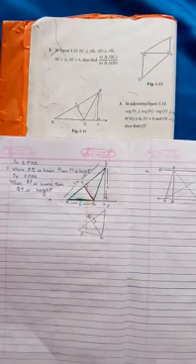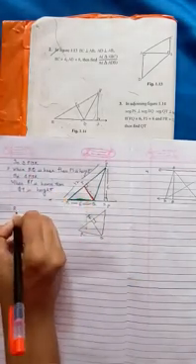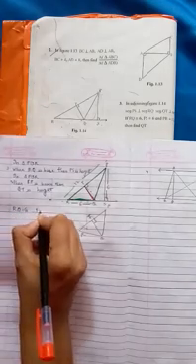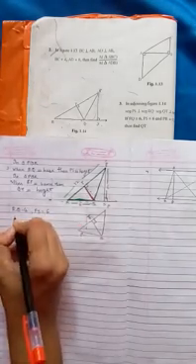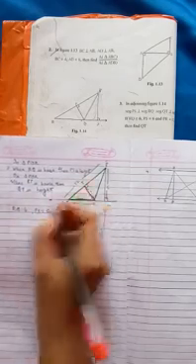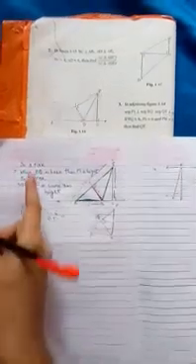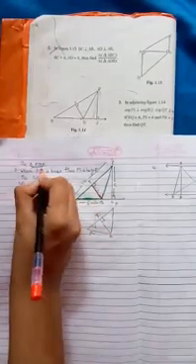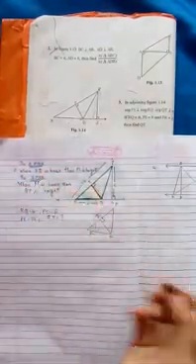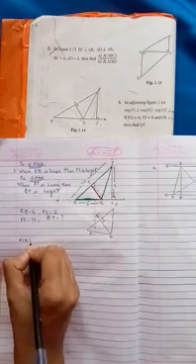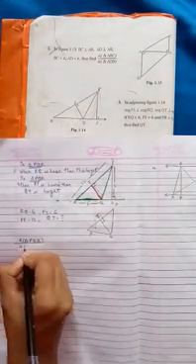Now just substitute the values. RQ is how much? 6. PS is how much? 6. What is the value of RP? RP is 12 and you need to find QT. So QT is what? Question mark. As we are doing this practice set based on the ratio of triangles, I am going to write the ratio of both the triangles. Area of triangle PQR upon area of triangle PQR.